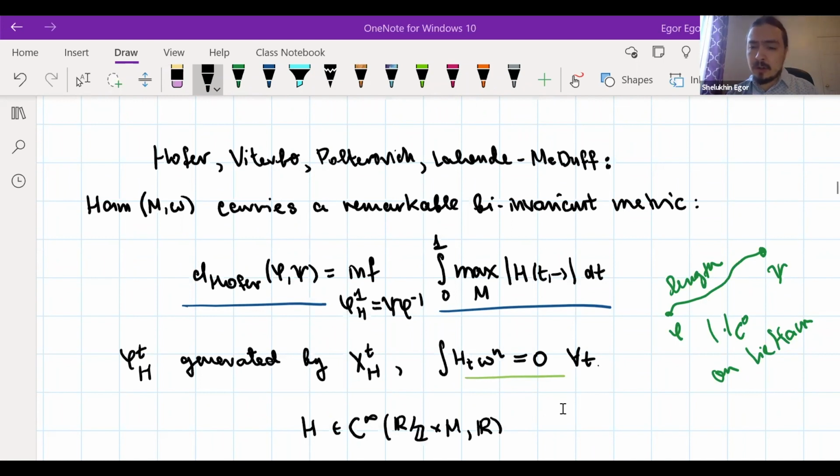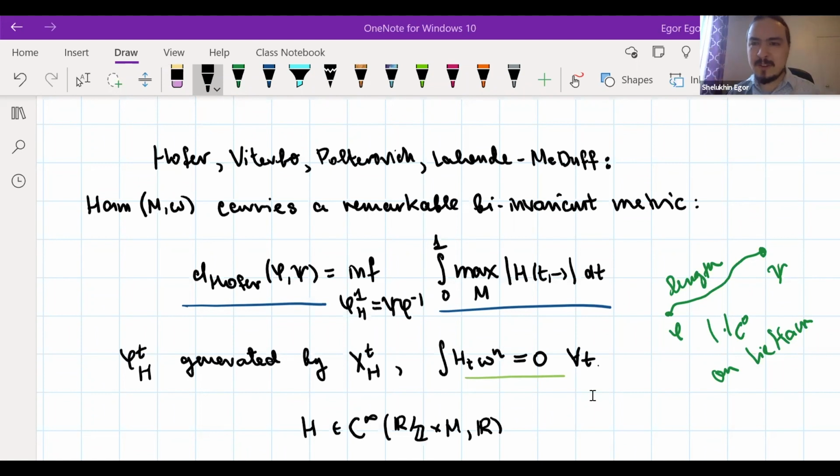And so this gives us an invariant Finsler structure on the Hamiltonian group, and we can take the length of a path from phi to psi, and then take the infimum of such lengths.